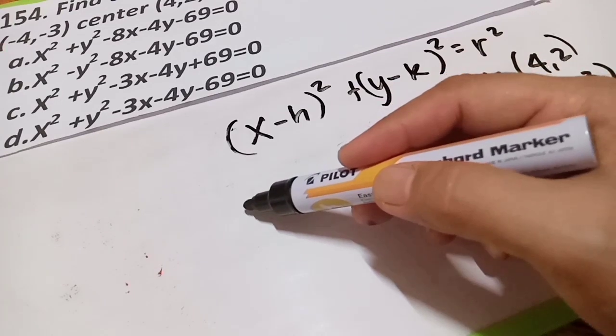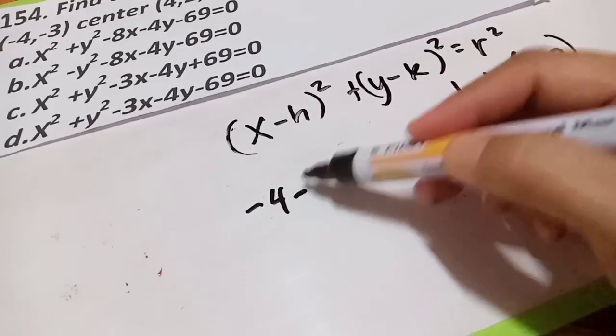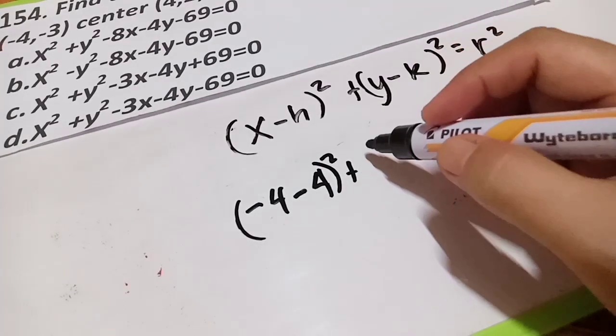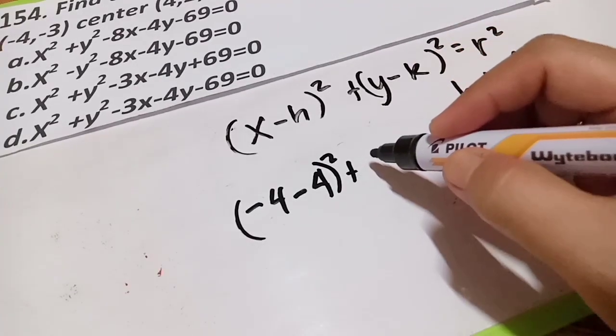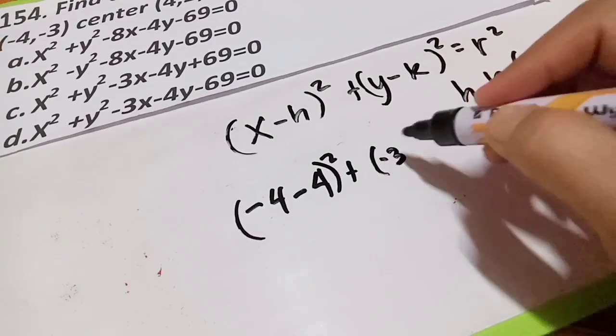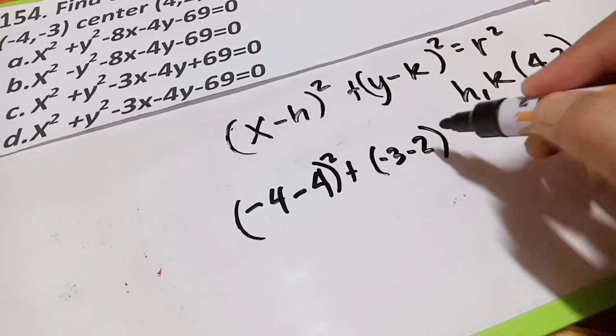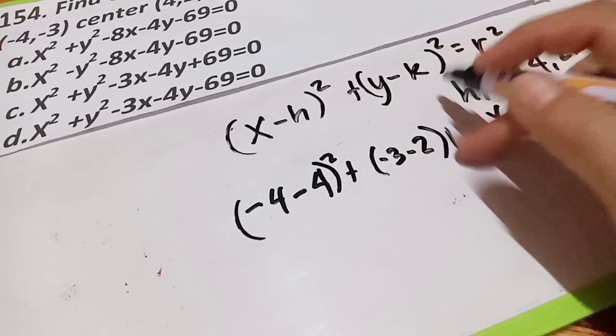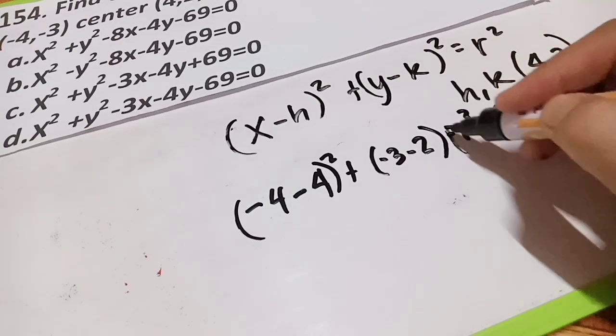We have negative 4 minus 4 squared, and then y minus k will be negative 3 minus 2, and r squared equals r squared.